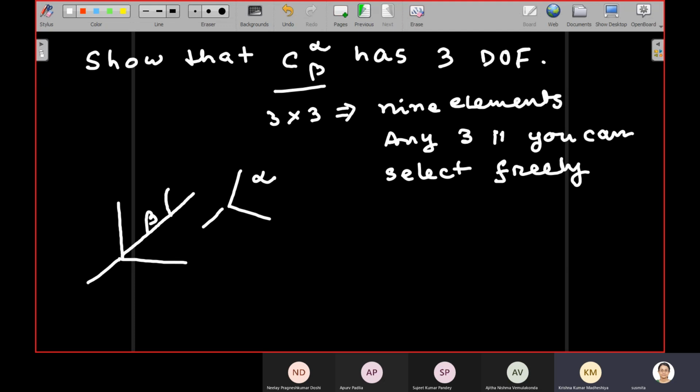And about this axis, if we apply just a single rotation, we can go to the alpha frame. So we have this beta frame, right? Now if we find an axis such that about it, if we apply only one rotation, we can go to the alpha frame, this axis is called the axis of rotation.